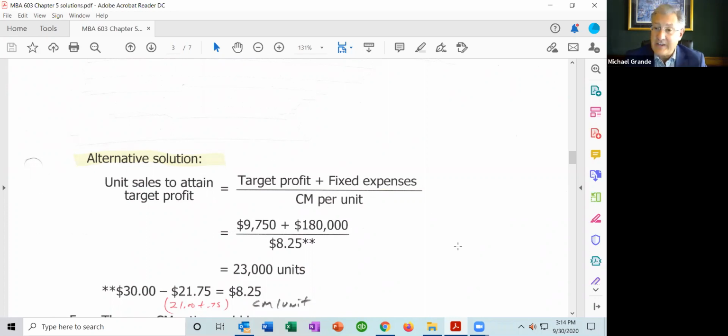It was $9. They added 75 cents to the variable cost. The variable cost was $21. They added 75 cents. The new variable cost is $21.75. The new contribution margin per unit is $8.25. They need to sell 23,000 units in order to reach the target profit.